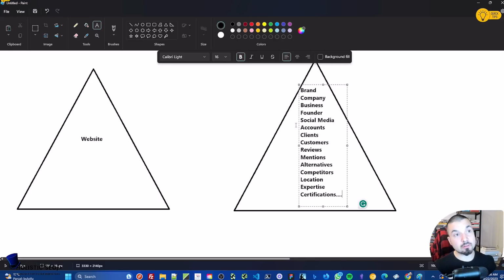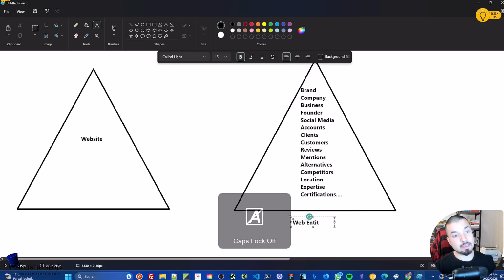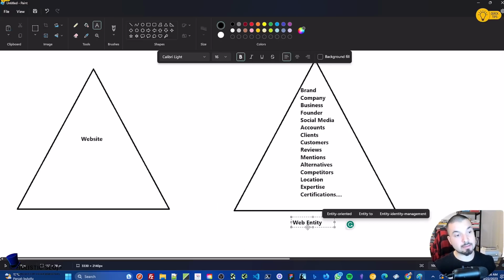They all will be included in your entity definition. So instead of focusing on the website, you should focus on the web entity. You have a web entity, it is a digital asset, and you need to optimize everything. And this is the difference between traditional SEO and holistic SEO.